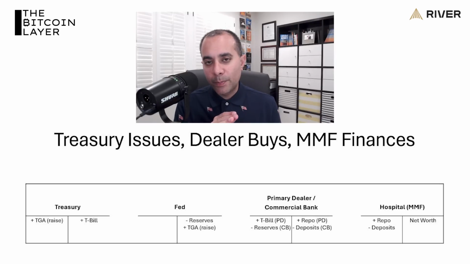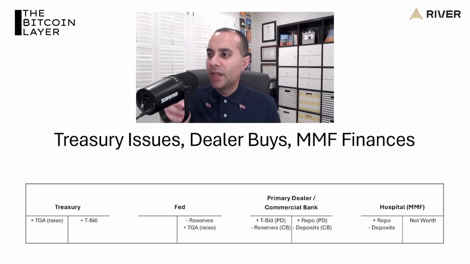Now, I want to point your eyes all the way to the right hand of the screen right away. Is there new money being created or new net worth being created here? No. The hospital's balance sheet does not change here, and I think that's very important. The repo market must come from somewhere, in that we don't have brand new money being created in the repo market to finance the Treasury Department.